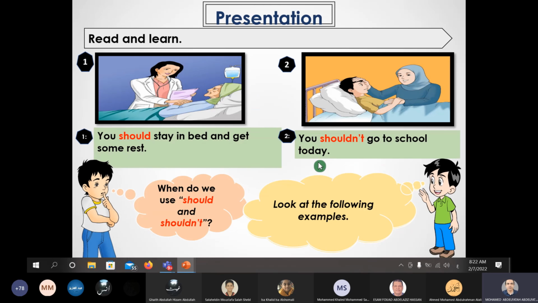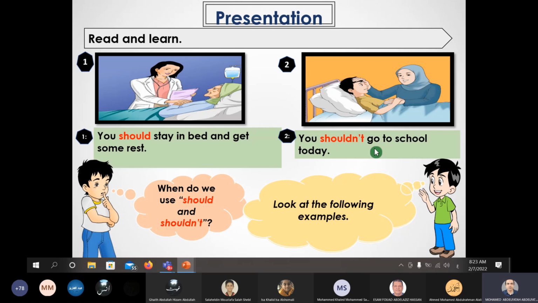But the most important is when we use should and shouldn't, we use the infinitive of the verb. We use the infinitive verb, the base form of the verb. You should stay. You shouldn't go. Stay and go are infinitive.